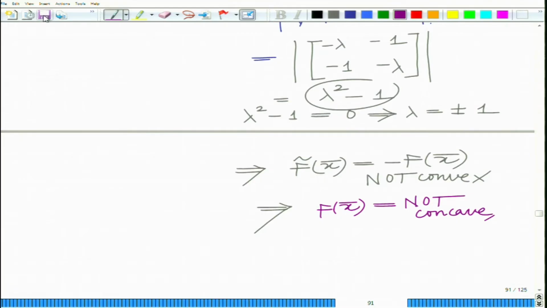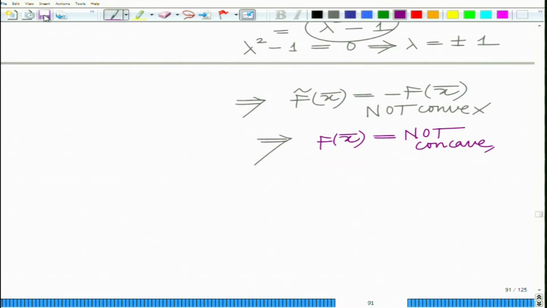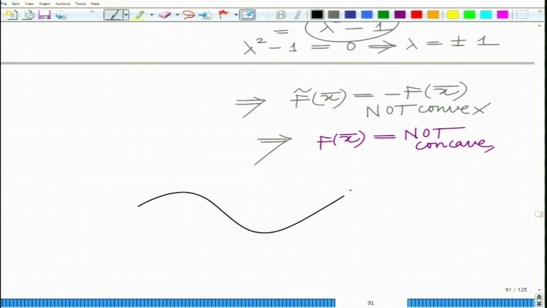f of x bar is not concave. So, f of x, x1 x2, you can see it is very interesting, it is neither convex nor concave. That shows that a function being not convex does not automatically mean that it is concave. There can be functions which are neither convex nor concave, and that is easy to see, because if you have a function that looks something like this, it is neither convex nor concave.